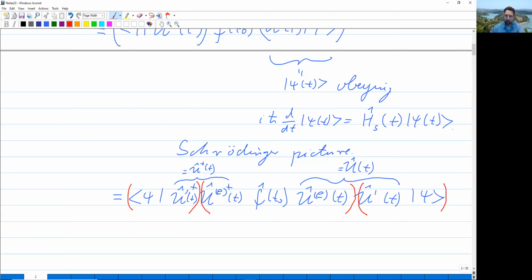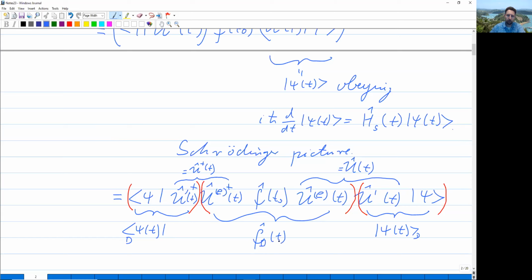In this way, we have the Dirac picture states psi of t Dirac picture, and here we have psi of t Dirac picture, and this is f hat in the Dirac picture of t.